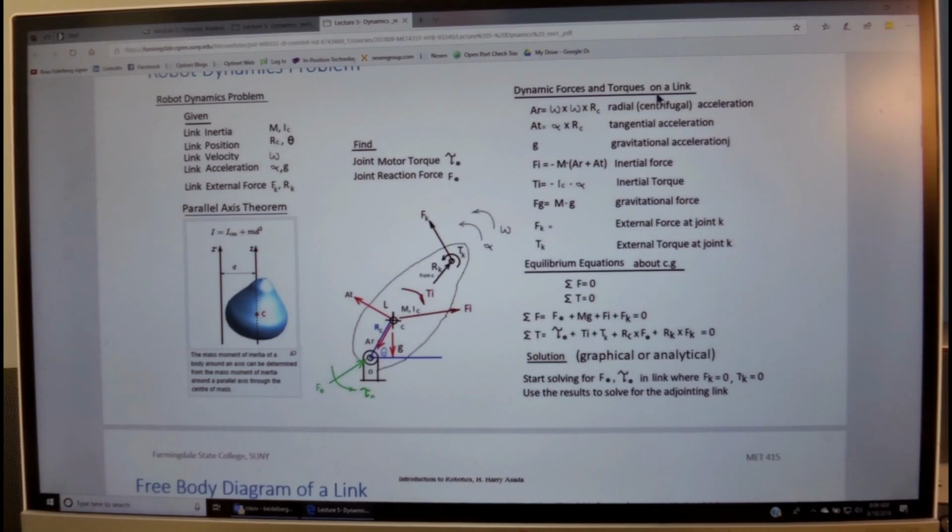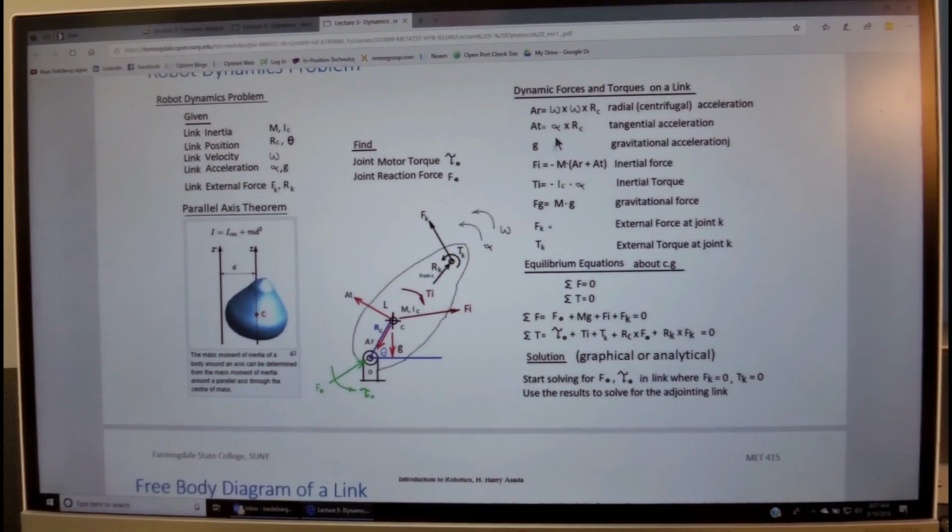The dynamic forces and torques on the links are related to acceleration. We have a centrifugal acceleration, as we see in kinematics, omega squared times RC, where these are the absolute angular velocities of this link in the inertial frame. We have the tangential acceleration, which is alpha, the angular acceleration, times RC.